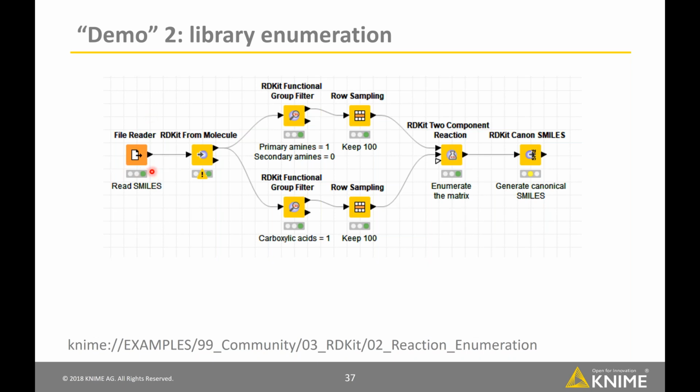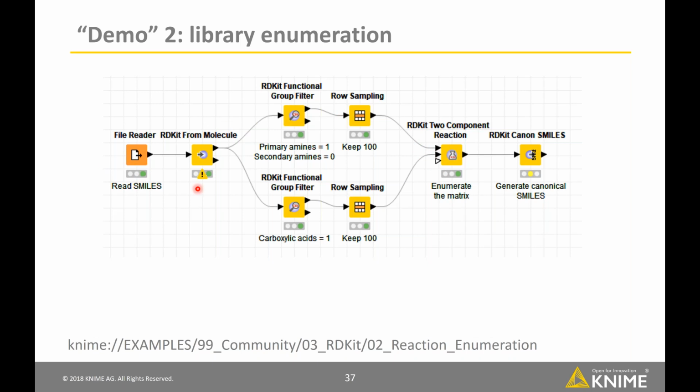At the beginning, I start by reading in a catalog. This is a collection of fragments pulled from the ZINC database, and that's a set of commercially available compounds. At the end, I have a reaction. This is the amide bond formation. So this is expecting amines to come in on the top port and acids, carboxylic acids, to come in down on the bottom port.